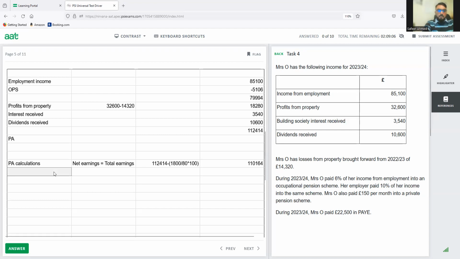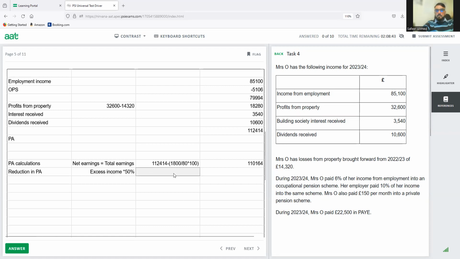Now, once you determine that, you will calculate the reduction in personal allowance. The reduction in personal allowance is, remember, the excess income times by 50%. So the reduction will be this much.